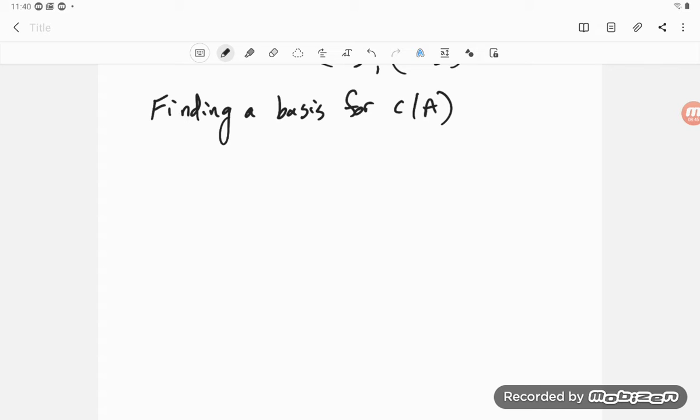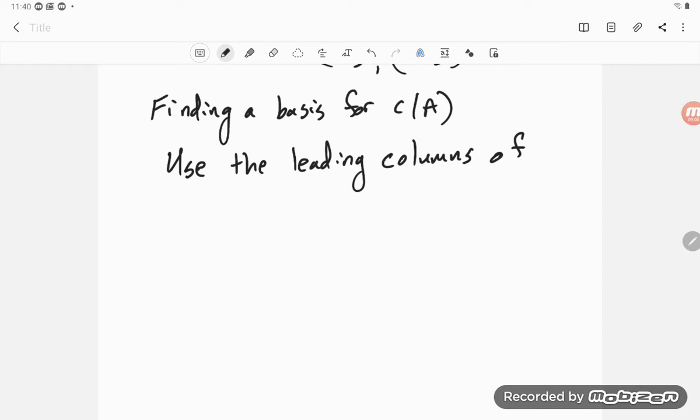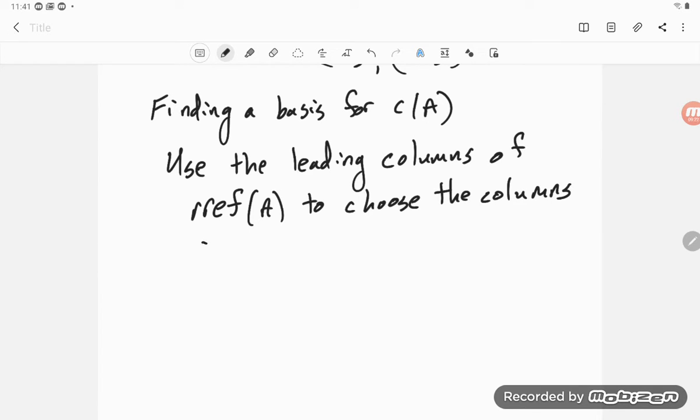What we want to do is use the leading columns of, now this is where it's a little bit different, we want to use the leading columns of the reduced row echelon form of A to choose the columns of A for the column space.